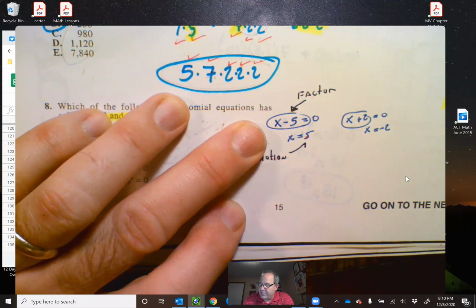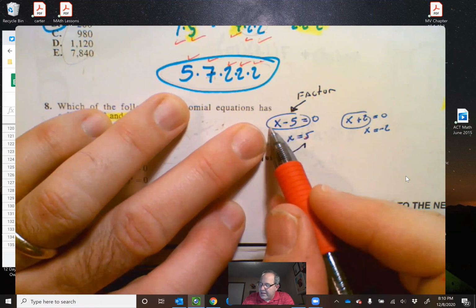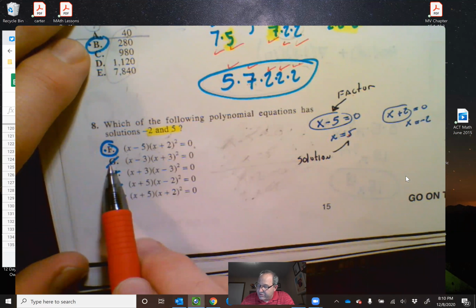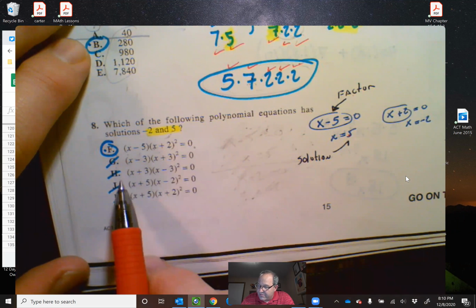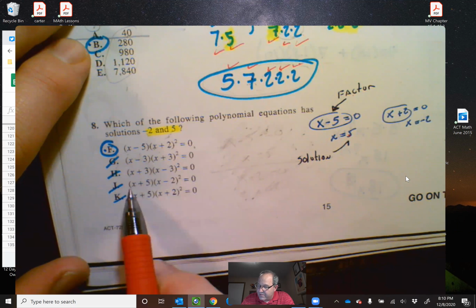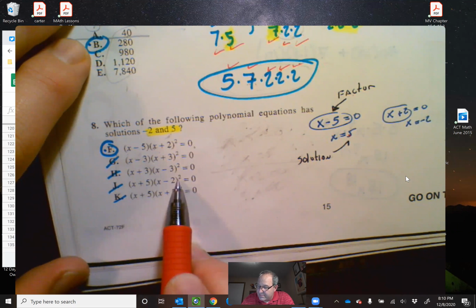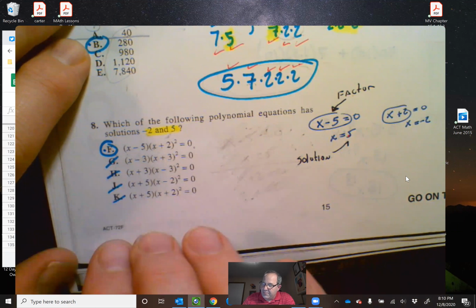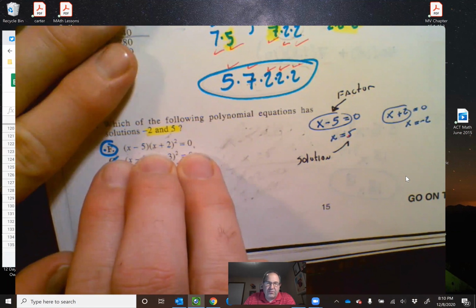And get x equals 5. So we need an x minus 5 in the problem. Well, that's got it. G does not have an x minus 5. Neither does H. Neither does J. And neither does K. So just by doing this little bit, we could eliminate all the other choices.